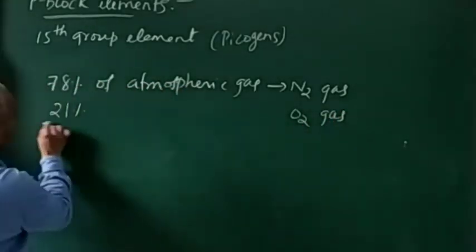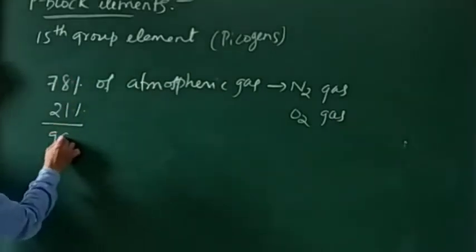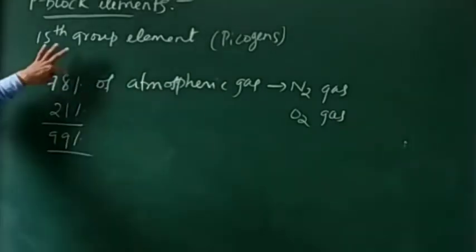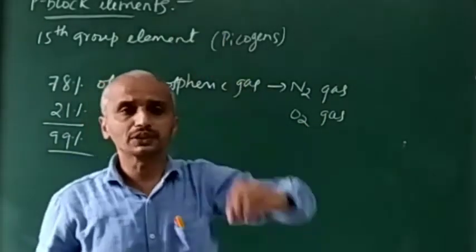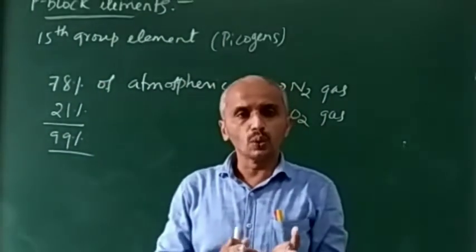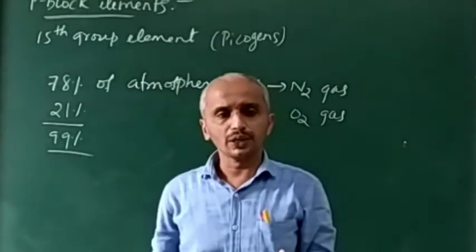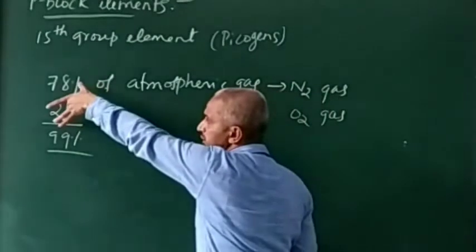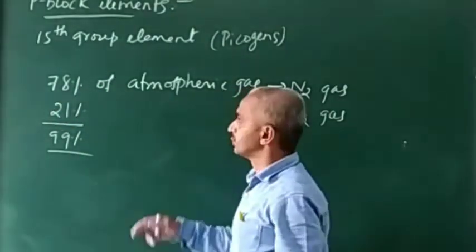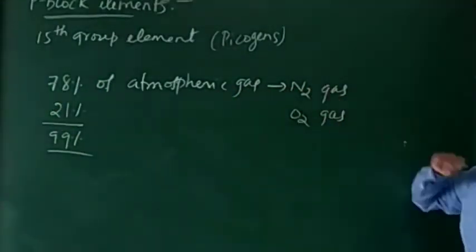Means altogether it becomes 99%. Only these two gases. The remaining 1% will be there with the noble gases, carbon dioxide, etc. But the major constituents are these two gases only, nitrogen and oxygen.